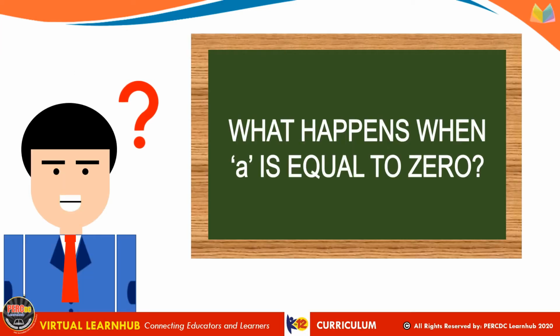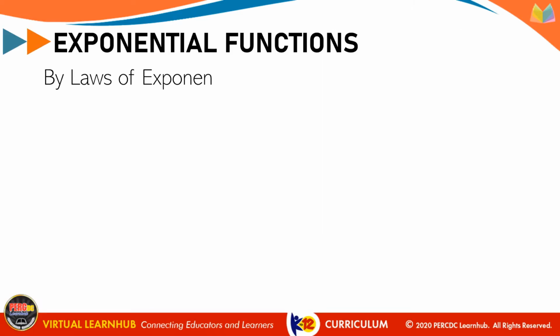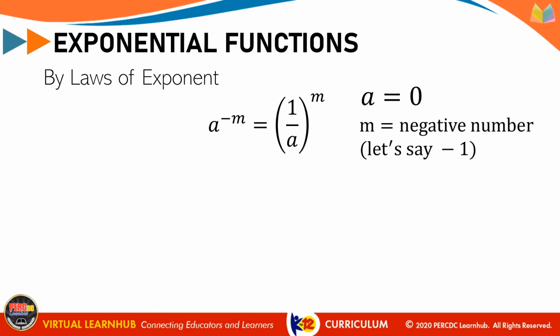Now let's see what happens when a is equal to 0. Let's remember that by laws of exponent, if we have a raised to negative m, that is equal to 1 over a raised to m. So for example, we have a equals 0, and m is a negative number, let's say negative 1.